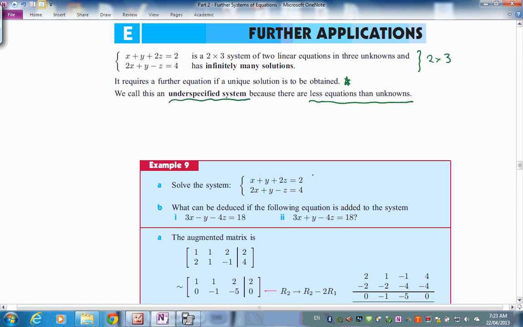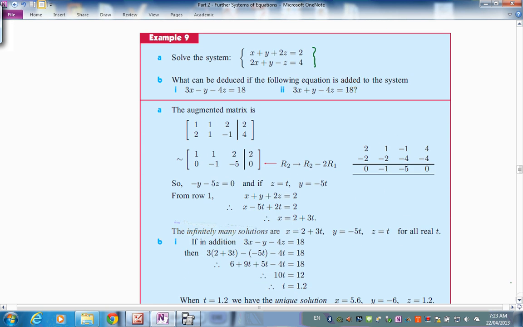So let's have a look at what we can do with this. So solving this system now. Here's our augmented matrix. We can get a 0 in this position by row 2 minus 2 row 1, and therefore we do have information, but not enough. What does that say there? It says neg y take 5z is 0. So y and z aren't going to be specified, so just let z be anything.